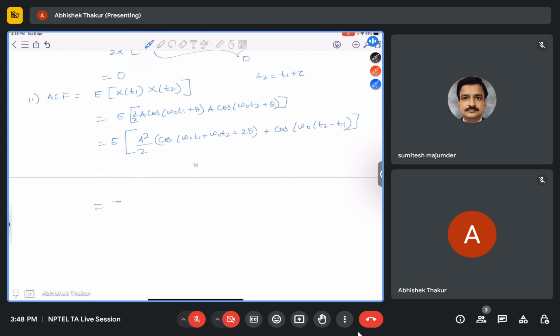So this will become the expectation of a square by 2 cos(omega naught t1 plus omega naught t2 plus 2 theta) plus the expectation of a square by 2 cos(omega naught (t2 minus t1)).